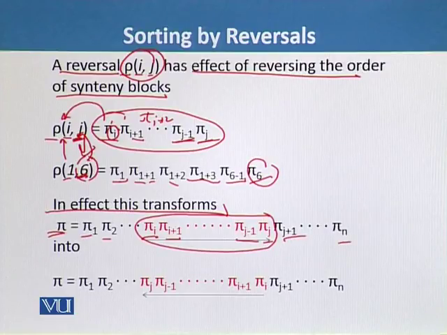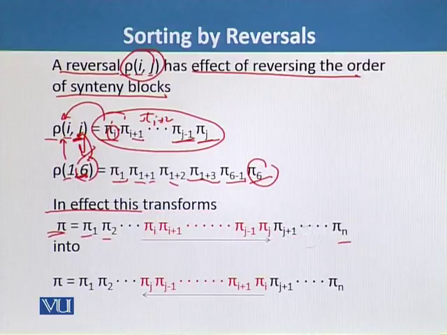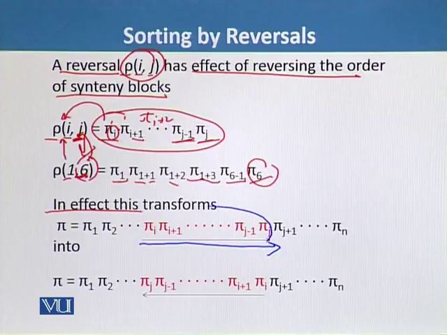So if we want to do a reversal, the direction of this one is currently in the right direction. If we want to reverse it, we have to make this order in the opposite direction.